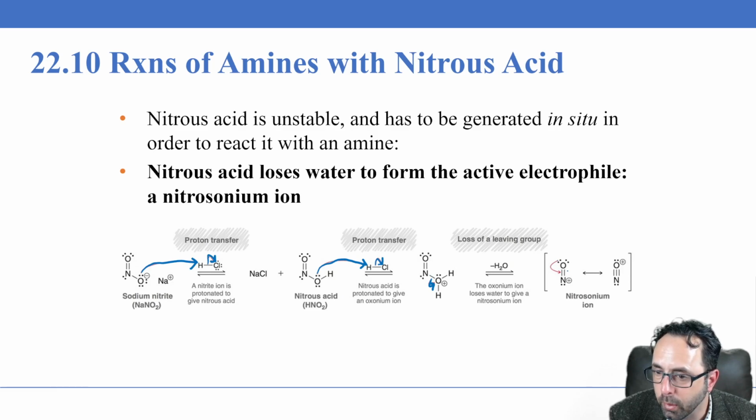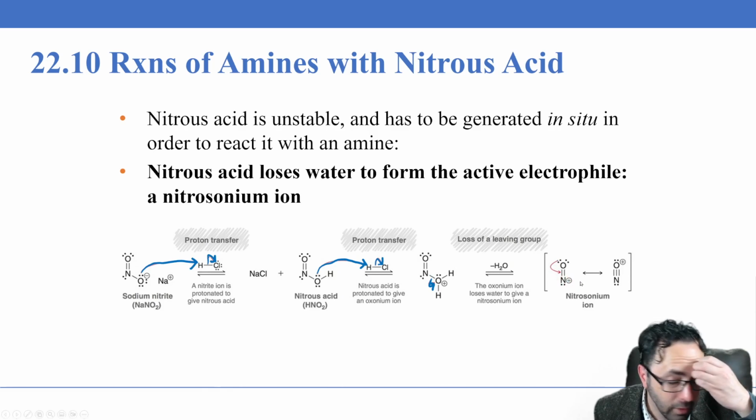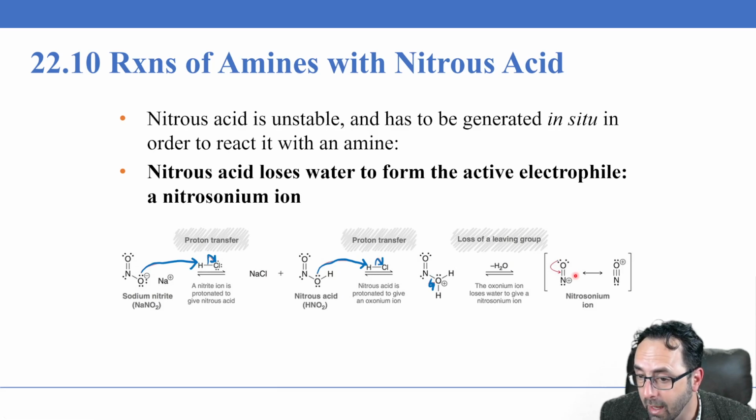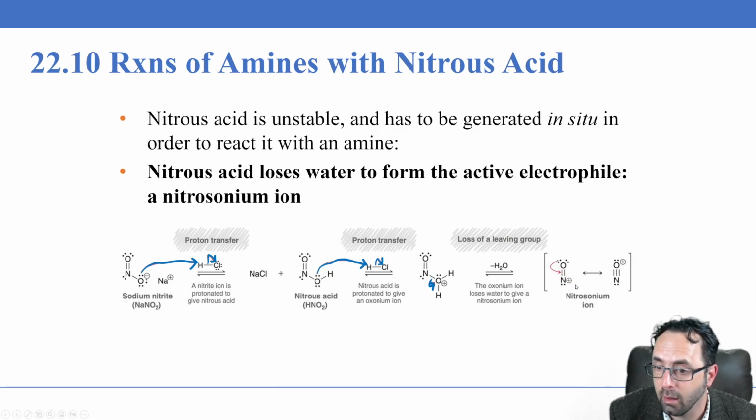But this would be super unstable and unlikely, because it would leave the nitrogen not only without an octet, but with only 4 electrons around it. So even now, this nitrogen does not have an octet. This resonance arrow serves to give both atoms an octet in terms of the Lewis structure.